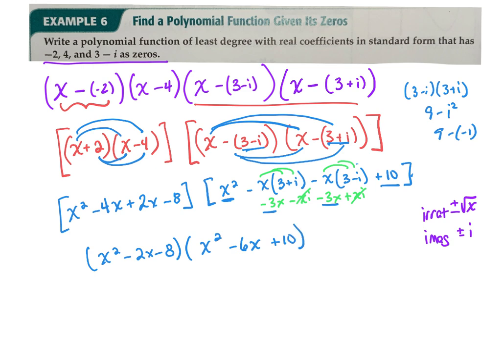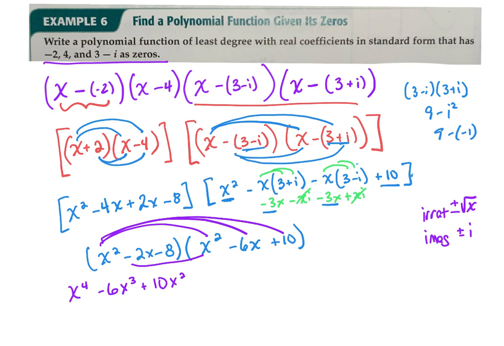We're not done. So what do you think I need to do with those two groups if I'm trying to get a polynomial? Not done. Yeah, we have to FOIL this as well. So we're going to say x squared times x squared, x squared times negative 6x, x squared times 10, then negative 2x times x squared, negative 2x times negative 6x, negative 2x times 10, and then negative 8.